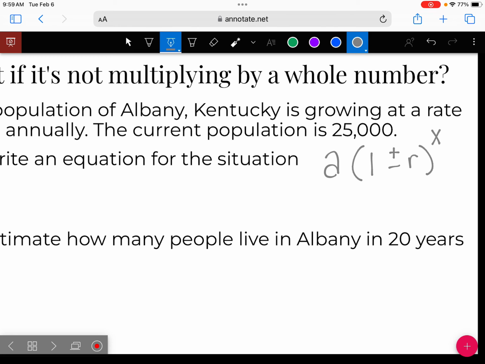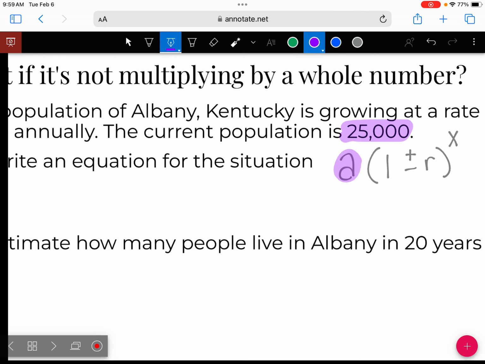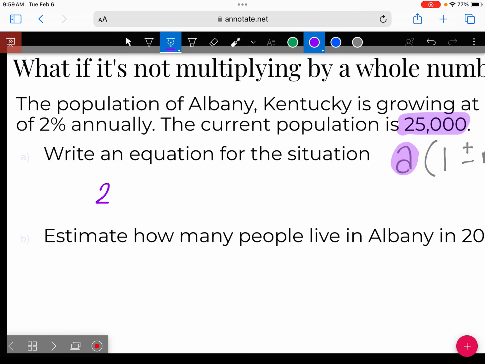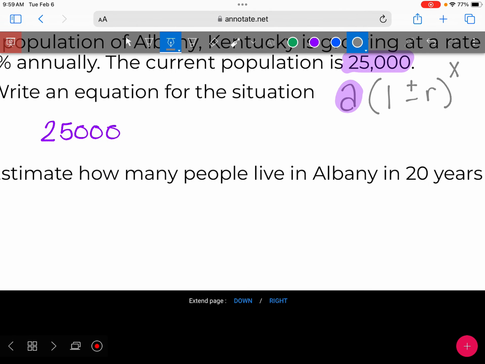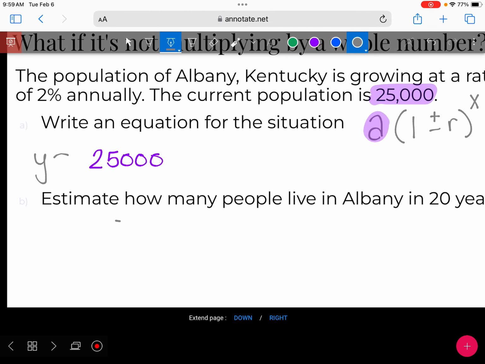Just like yesterday, our A is our starting amount. What is our starting amount in this situation? 25,000. So we're going to start with 25,000. So y equals 25,000.